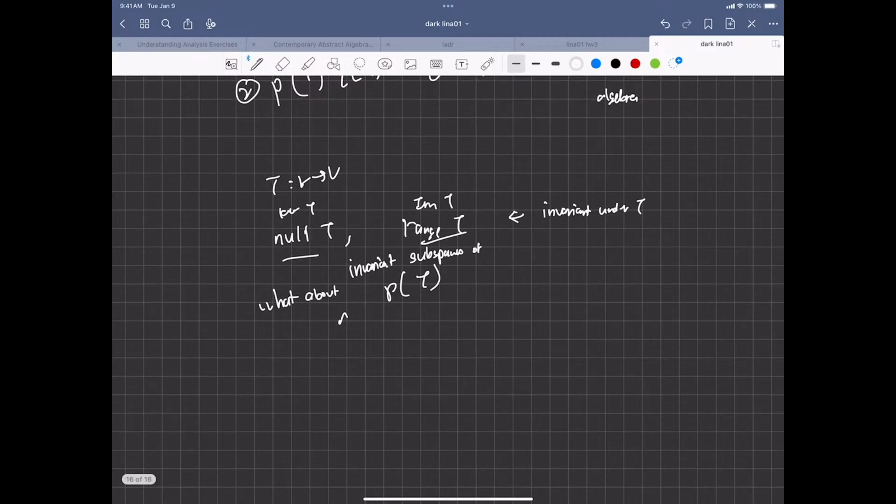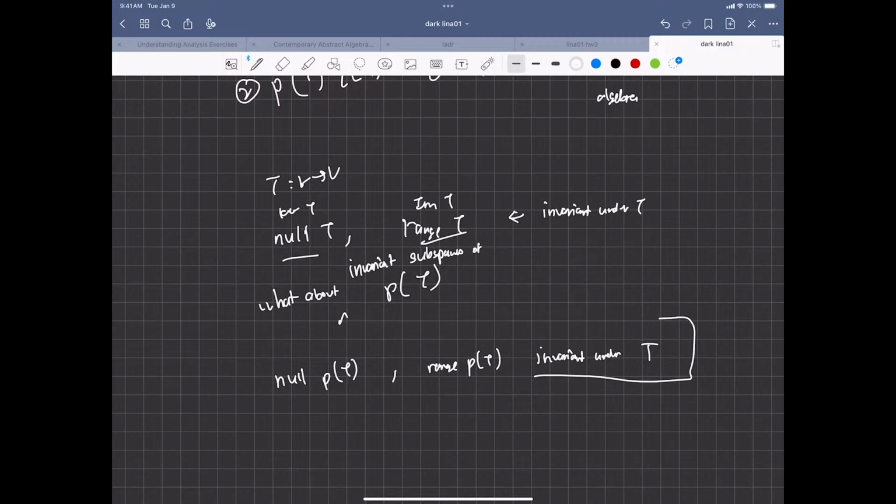It turns out that the null space and the range of P of T are invariant under T. So if we take a polynomial and apply it to T, then the null space of the polynomial and the range of the polynomial are invariant under T itself.